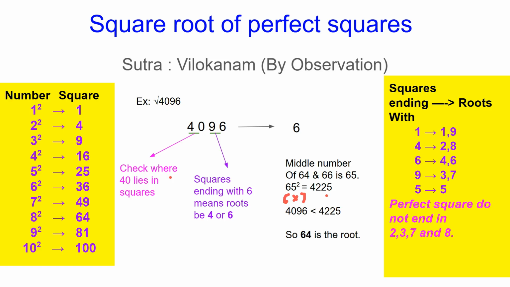Now you have to compare 4225 with our question number 4096. Here 4225 is greater. That means 65 square is greater than our question 4096. So we are considering the number less than 65, that is 64. So my answer is 64. Root of 4096 is 64.